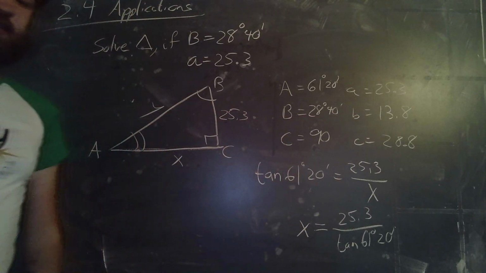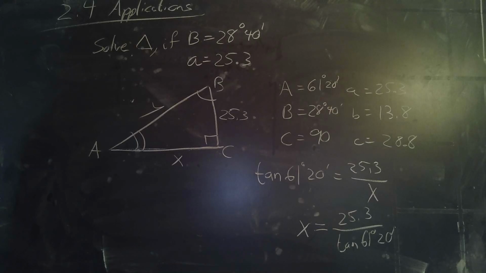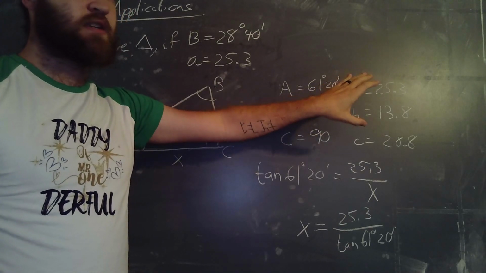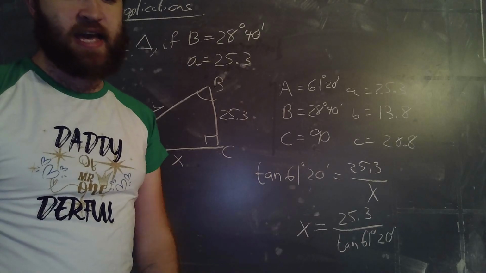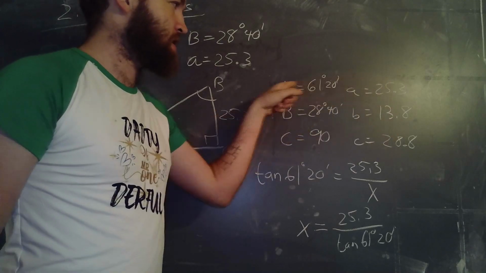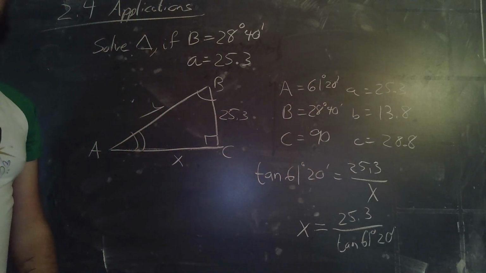So there's some common sense that we have to look at when we get our answer chart filled out, but the point of this was to fill out our answer chart, and then from there we can determine which pieces of information are being asked for. This particular problem just said solve it, and so all 6 of these values is the solved triangle.